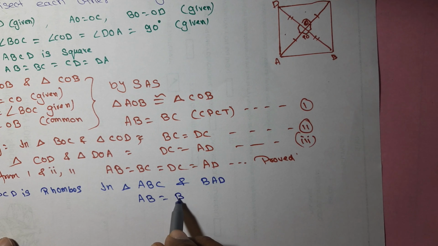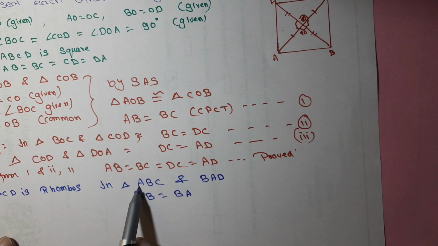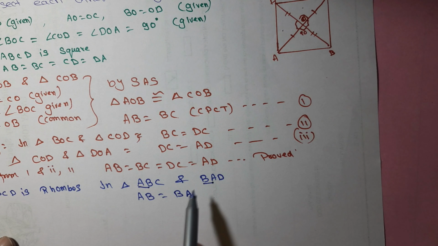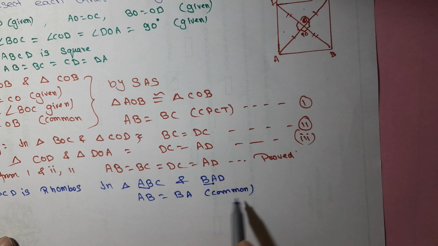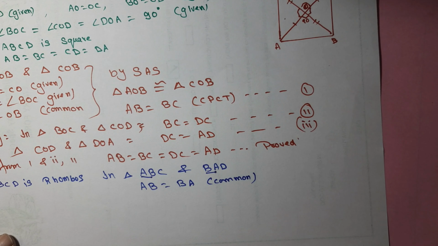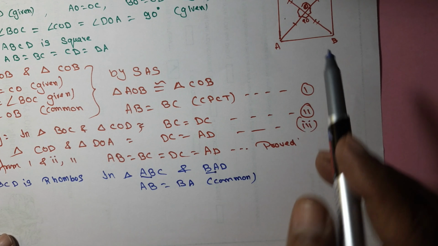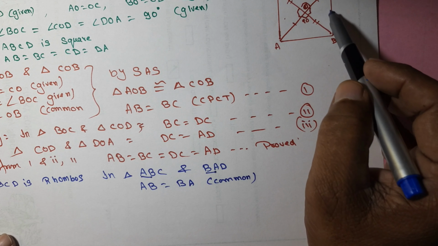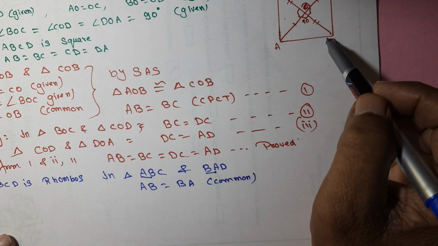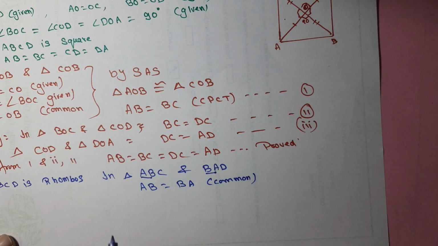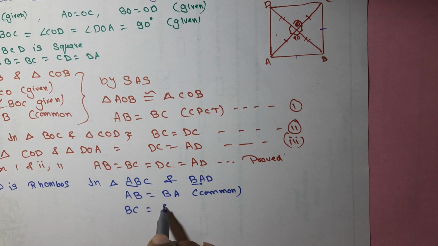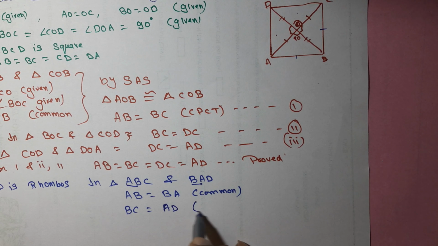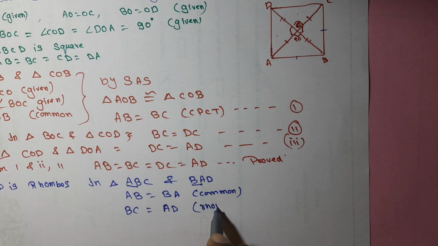It will be easy. First, if you take like this, it's common. Okay. Now, second thing, BC in this side and this side, both are equal, just because it's a rhombus. Right? BC is equal to AD. Why? It's a rhombus. In a rhombus, all sides are equal.